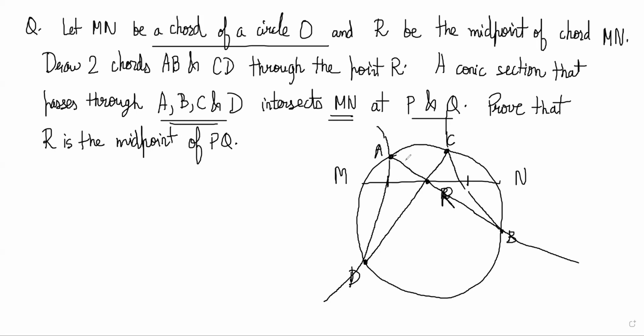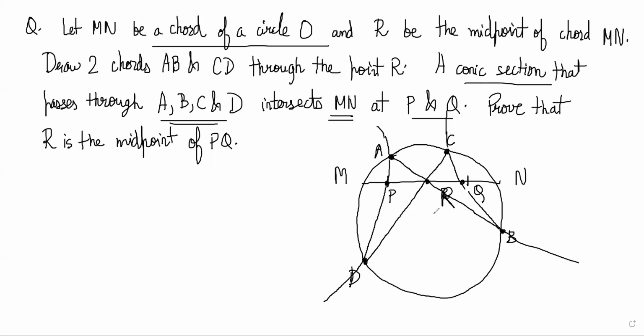So in general, there could be many conics that pass through A, B, C, D, right? So the question is saying a conic section that passes through ABCD intersects MN at P and Q. So this conic section is intersecting the line MN here at P and here at Q, right?